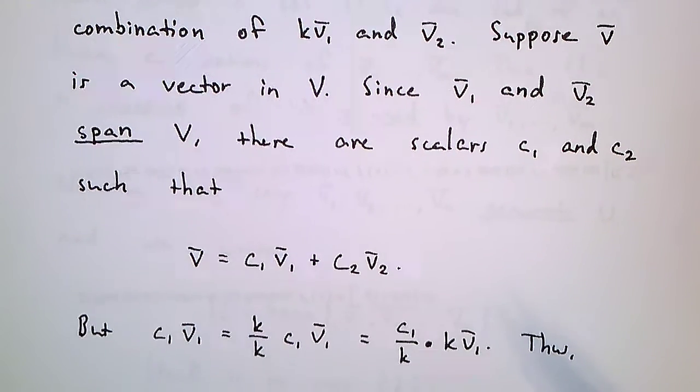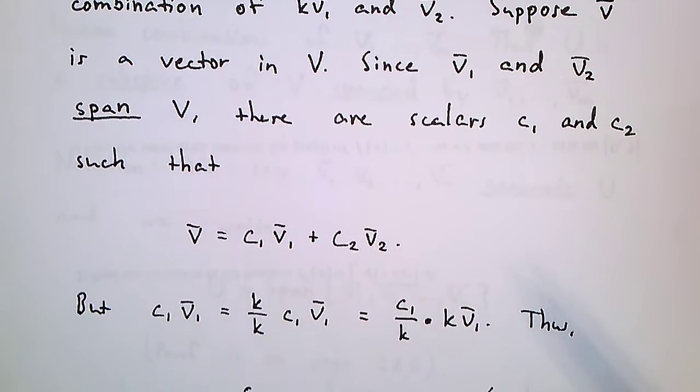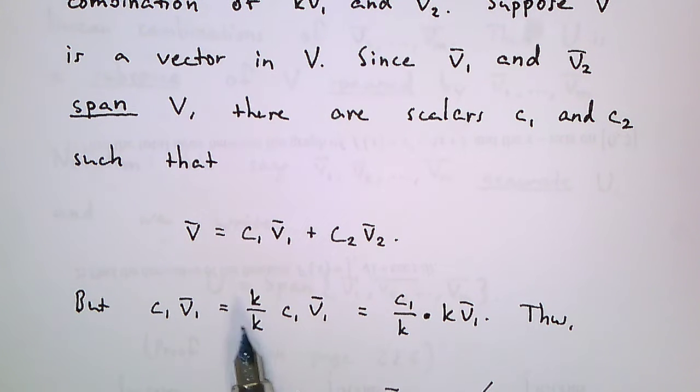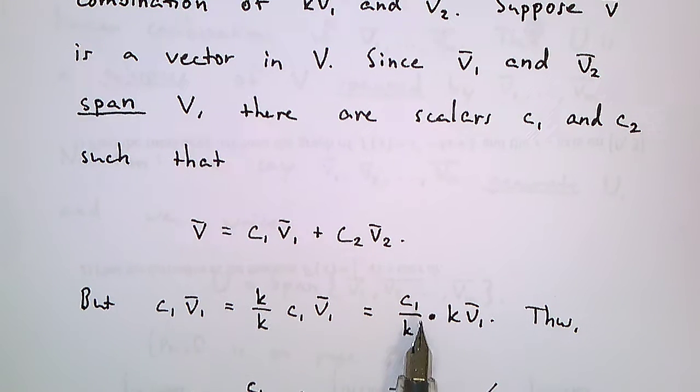But we can do a little bit of manipulation here, since k is not 0. What we can do is multiply by k over k. So this is the same as multiplying by 1. And what this allows me to do is collect and regroup. So I'm going to take this k and collect it with the v1, and then take the other two constants, c1 and 1 over k, and bring them to the front.